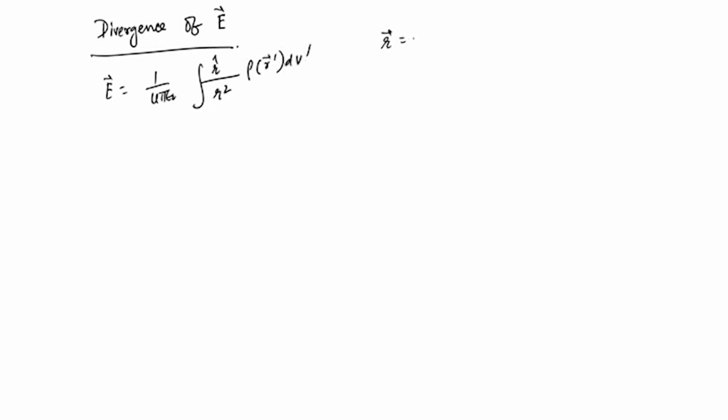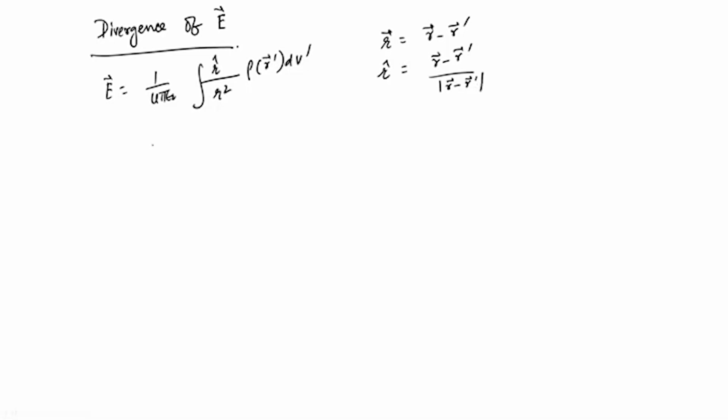Just once again to make this notation clear, it is r minus r prime, and this r cap is equal to r minus r prime divided by the magnitude of r minus r prime. Okay. So, that is the unit vector.